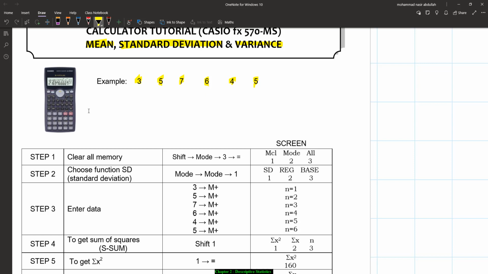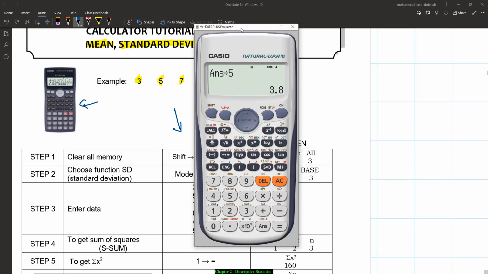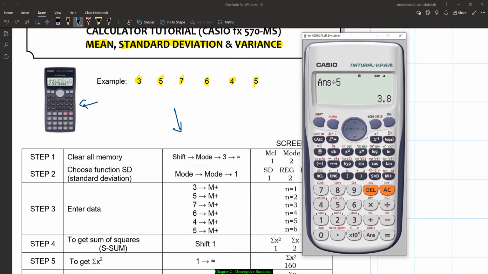For variance, if you are using the old calculator, this is the step. If you are using the newest calculator, I advise you to use a new calculator, 570ES, because you can recheck what you wrote. If you use the old calculator, you cannot recheck.